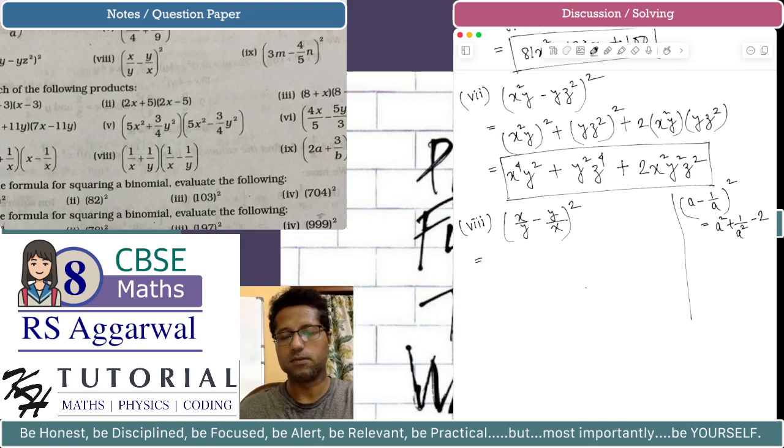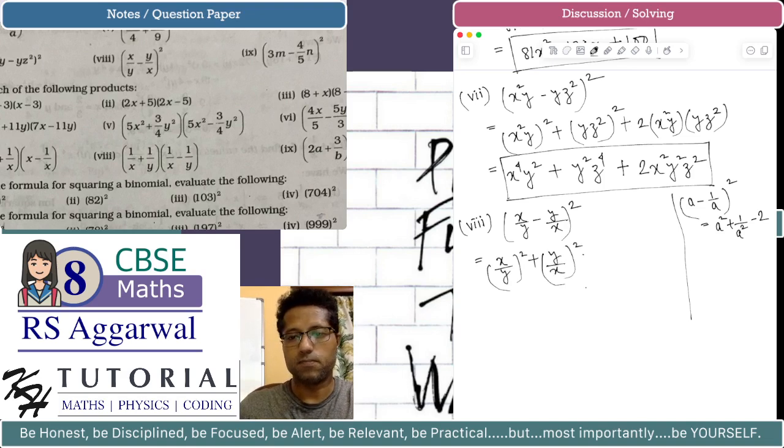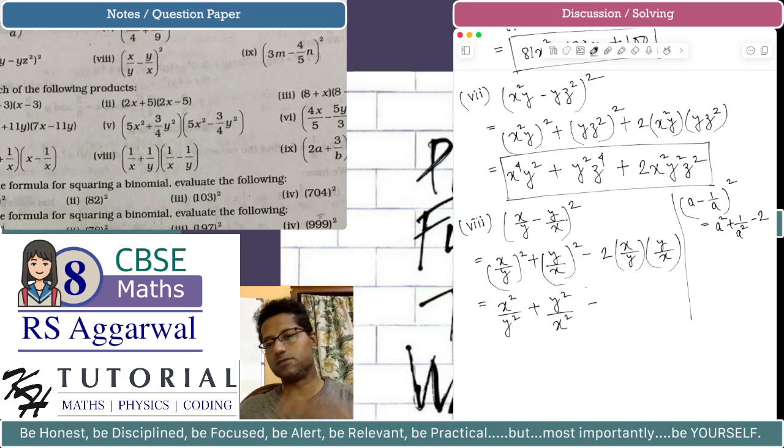Otherwise, you can directly apply the formula of (a minus b) whole square, which is a square plus b square minus 2 into a and b. So this is equal to x square by y square plus y square by x square minus, as x by y and y by x are reciprocal of each other, we know that the product of a number and its reciprocal is always equal to 1. So this is equal to minus 2.